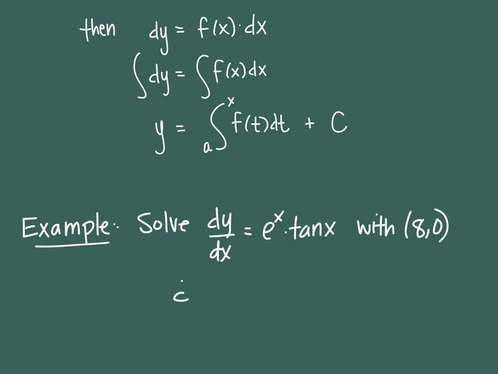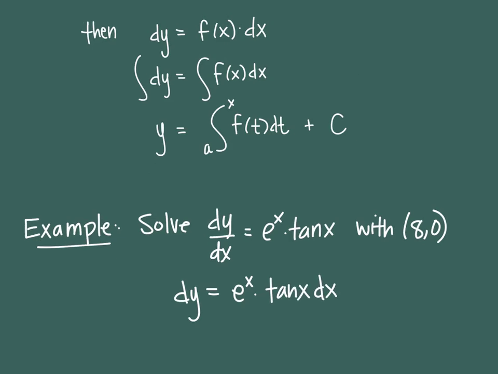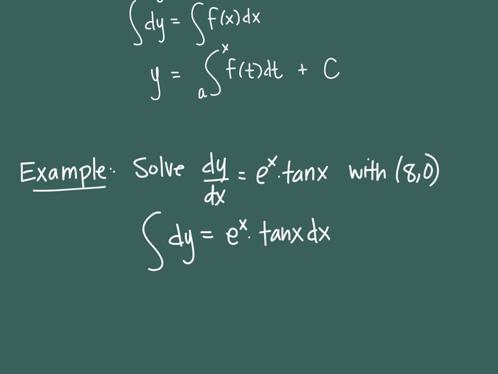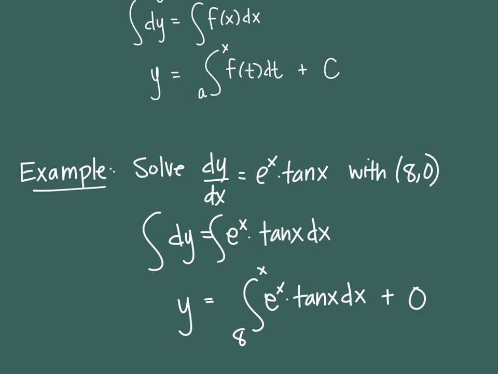So we separate: dy equals e to the x times tan x dx. We integrate both sides. So y will be the integral of e to the x tan x dx from 8, which is the value of the initial condition, to an unspecified x, plus 0 as the constant value.